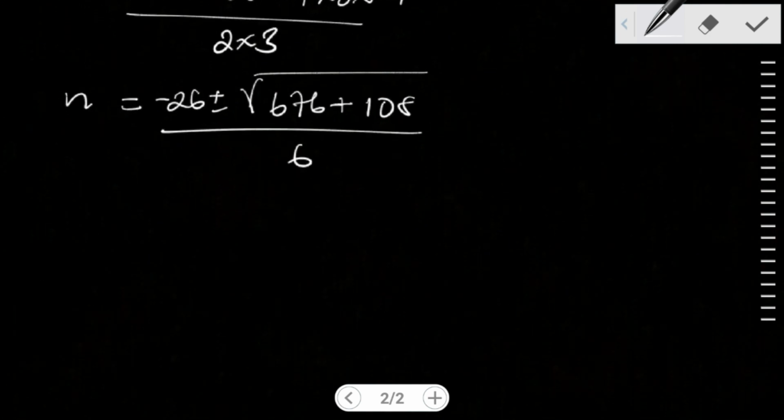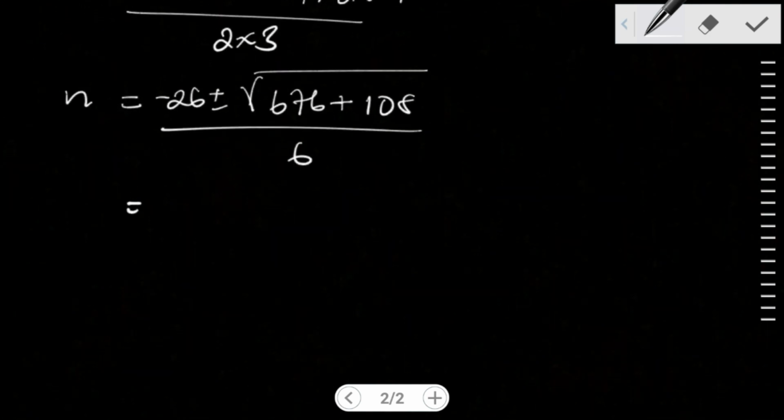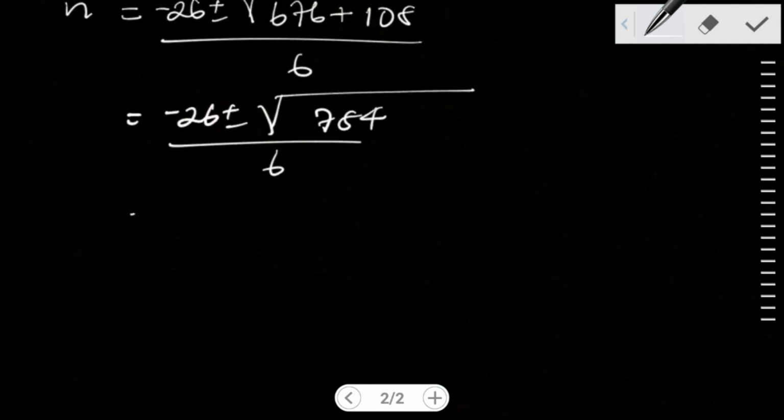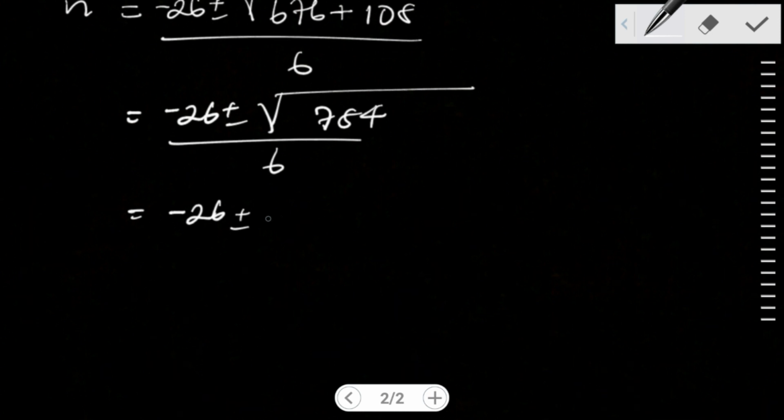So having done so, the next thing here, we're going to say that this is equal to negative 26 plus or minus the square root of 784 all over 6. I would have negative 26 plus or minus, this is going to give 28, all over 6.